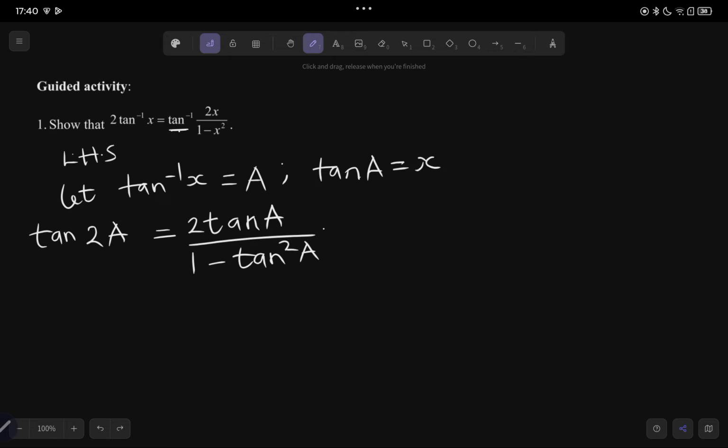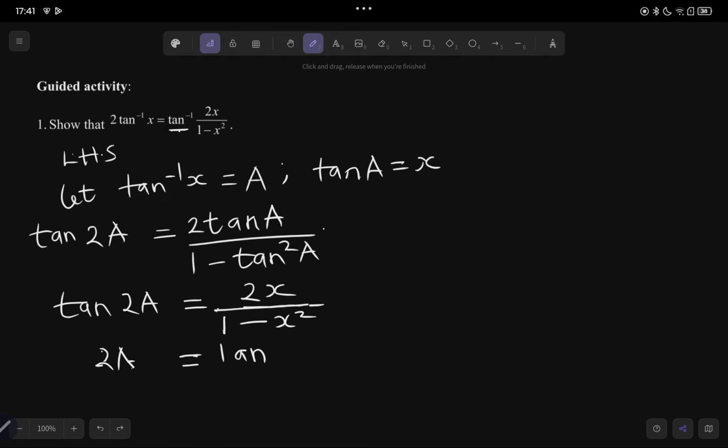So tan of 2A is equal to 2x out of 1 minus x squared, which means our 2A is tan inverse of 2x out of 1 minus x squared.